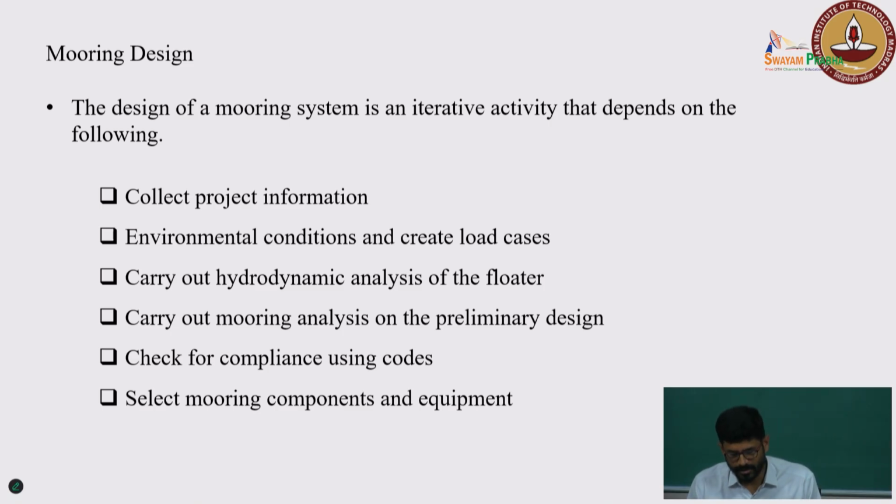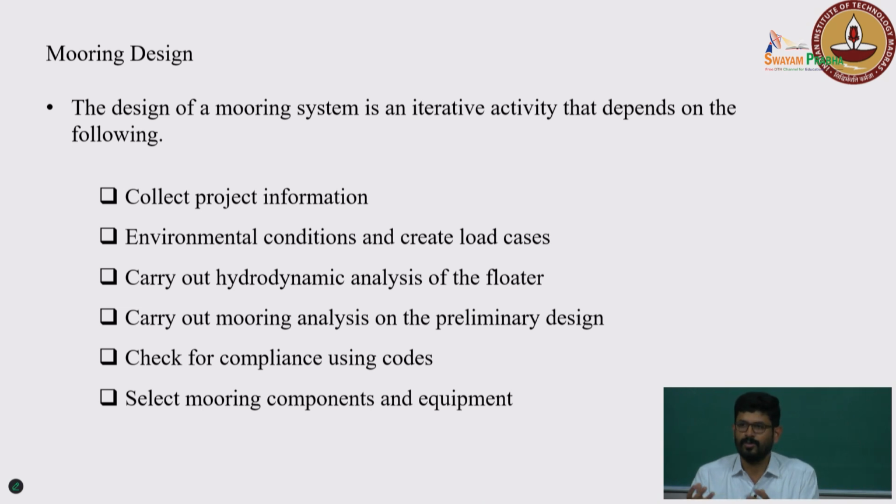Carry out mooring analysis on the preliminary design, check for compliance using the codes. So whatever we do, we have to comply with the code. So this is a standard procedure for all engineering activities. Whenever you are designing something, it has to comply with the code. So the code books are nothing but the compilation of the past experiences. What are the do's and don'ts? So in simple terms, what are the do's and don'ts is what a code book says.